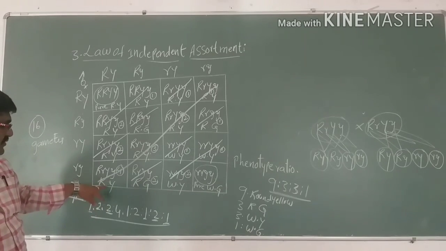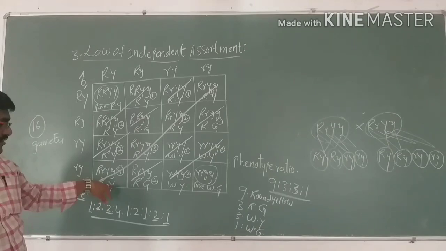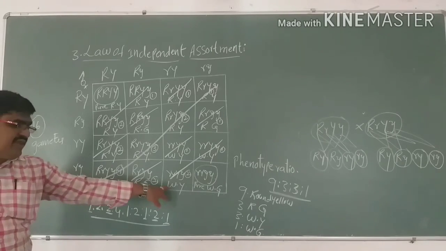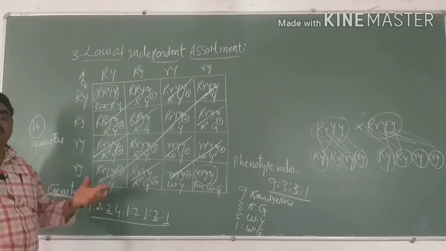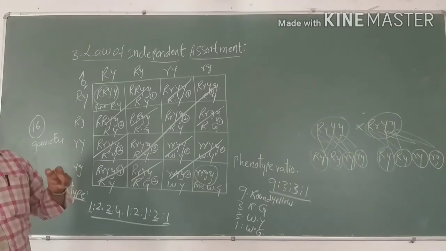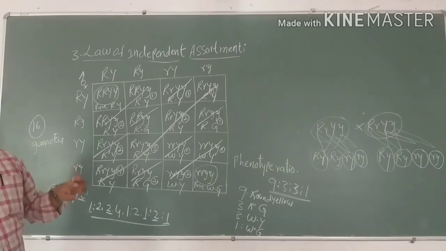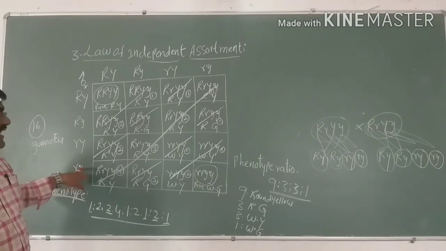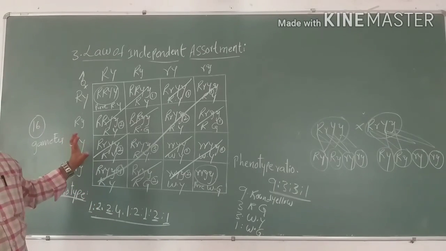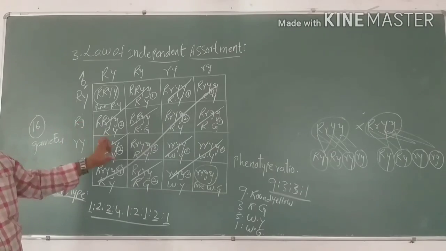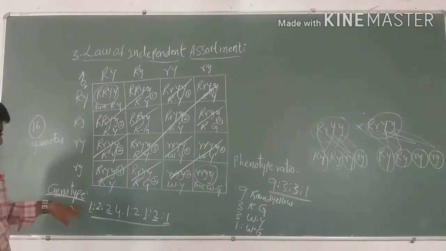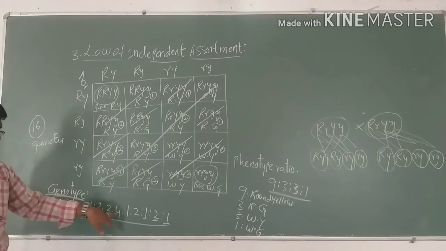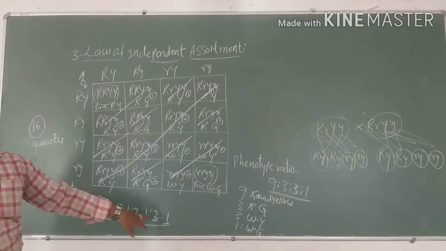So here differing in 2 contrasting characters, round yellow, wrinkled green. So here 2 pairs of contrasting characters are differing, and that is called the dihybrid cross. So here 9:3:3:1 is the phenotypic ratio, and the genotypic ratio is 1:2:2:4:1:2:1:2:1.